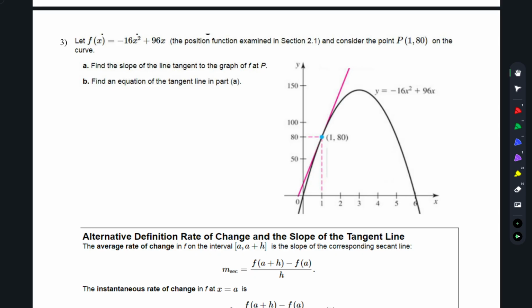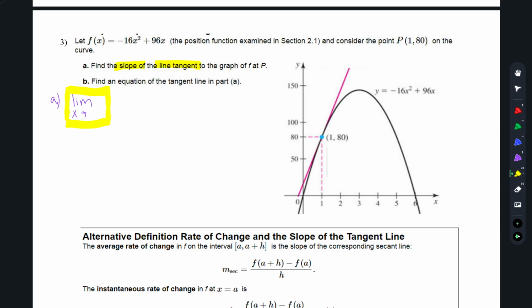Okay, so the slope of the line tangent to the graph. Slope line tangent, that's a calculus problem. So the second they say slope of a line tangent for part A, that means I am doing a limit, as x is approaching something. So that's the juice. We want to do a limit.